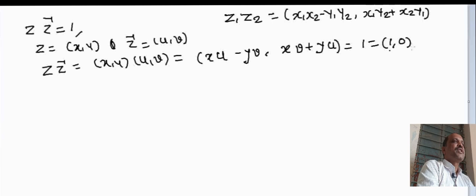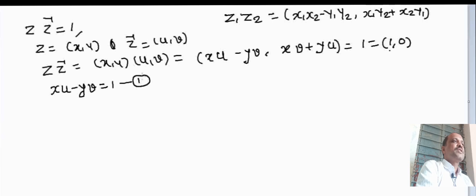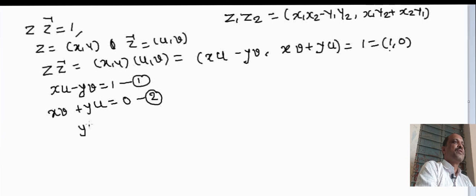So from this we get two equations: x u minus y v equals 1, let us call this equation number 1, and x v plus y u equals 0, equation number 2. From equation 2 we can see that y u equals minus x v, and u equals minus x v divided by y.